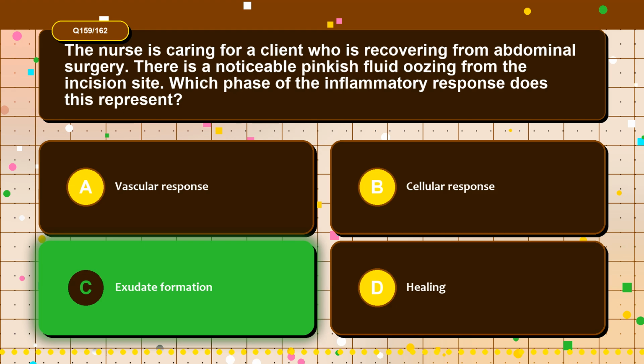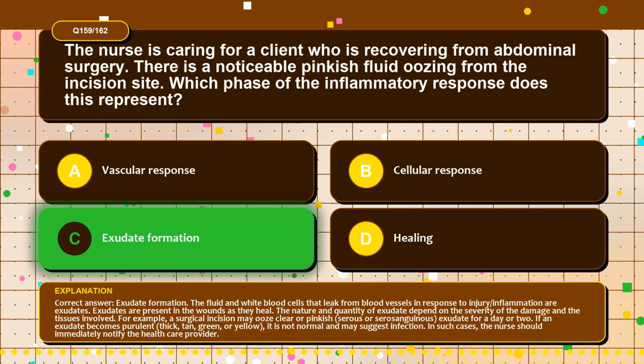The correct answer is option C. Exudate formation. The fluid and white blood cells that leak from blood vessels in response to injury or inflammation are exudates. Exudates are present in the wounds as they heal.